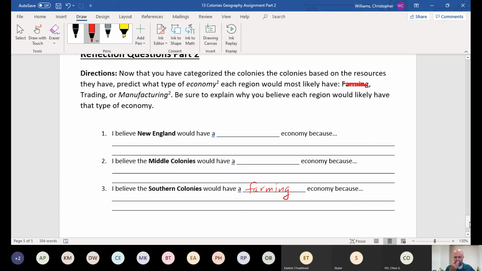Again, looking at your resource map. Trading. Okay, I would agree. And we're going to go over why in a minute. But if we have trading down for New England, process of elimination tells us that this has to be manufacturing.